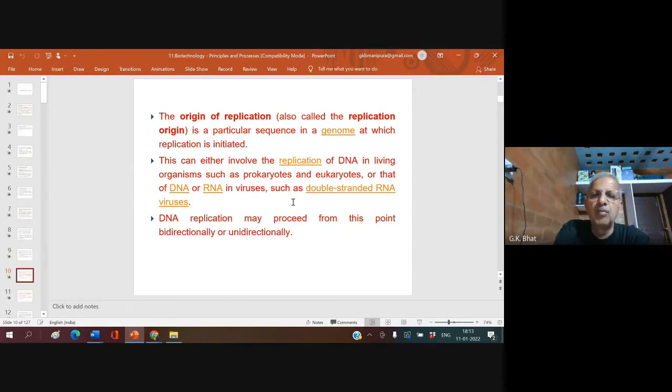DNA replication may proceed from this point bidirectionally or unidirectionally. If this is the origin of replication, ORI, DNA replication may go in this direction, or this direction, or in both directions.